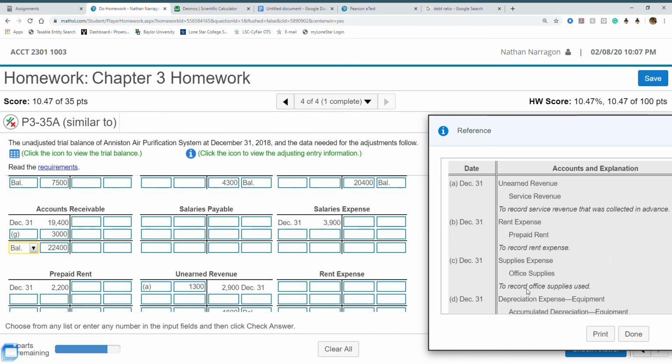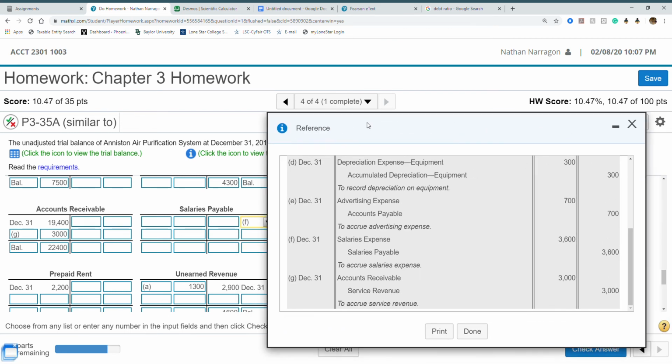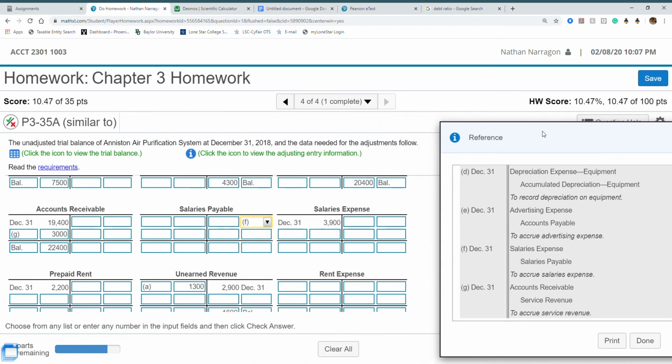Now we got salaries payable. We only had one, I think, that had salaries. There it is. That was a credit. This is F. For how much? 3,600. So there we go. Salaries expense.